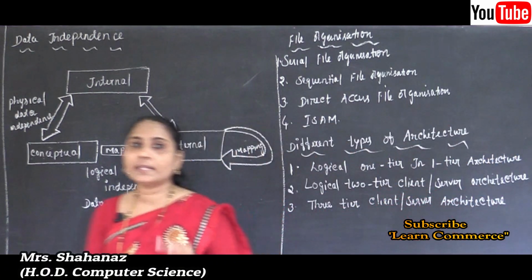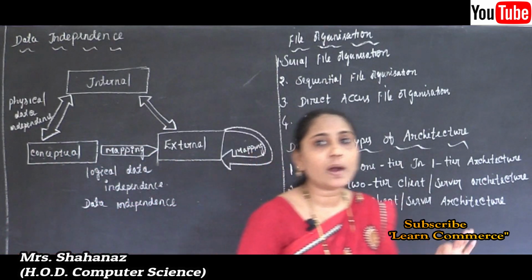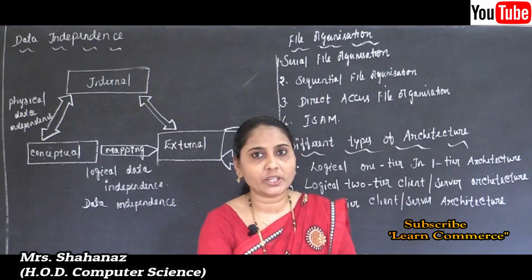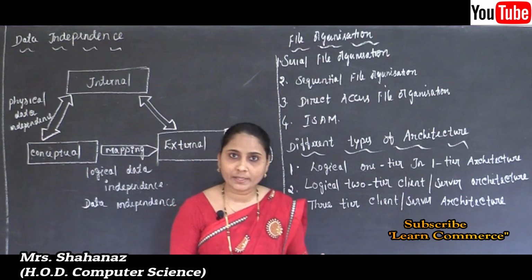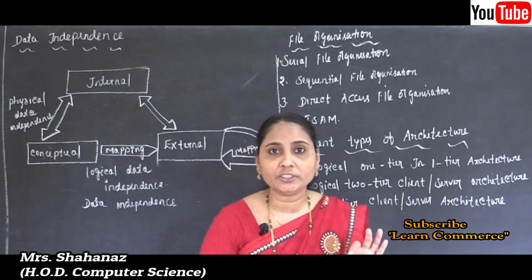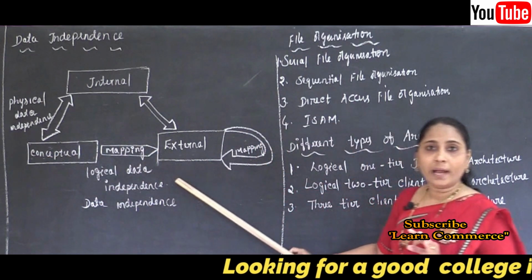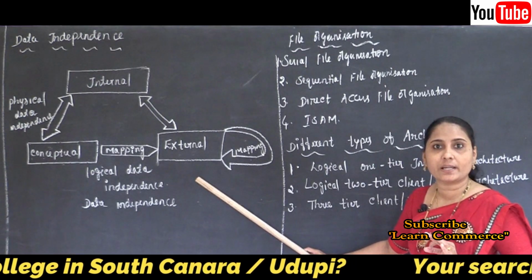The meaning is the ability of a database to modify the schema definition at one level without affecting the schema in the next higher level. That means the ability to change the internal schema and conceptual schema without affecting the external schema.